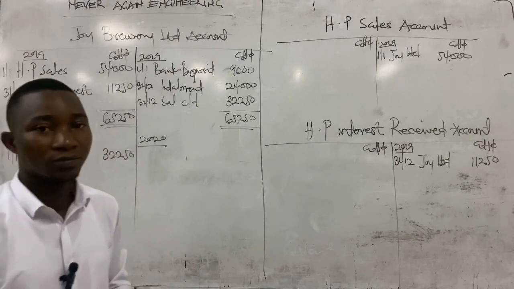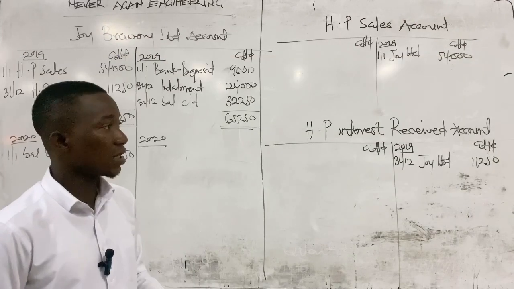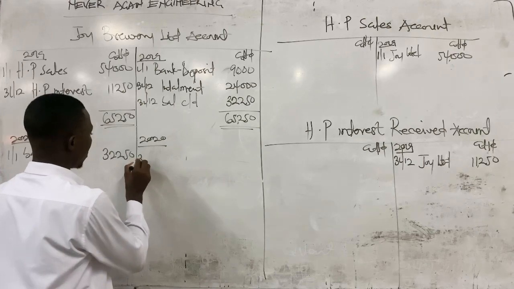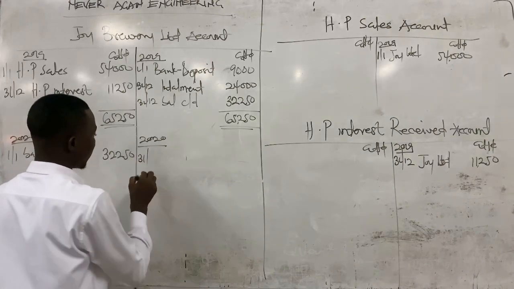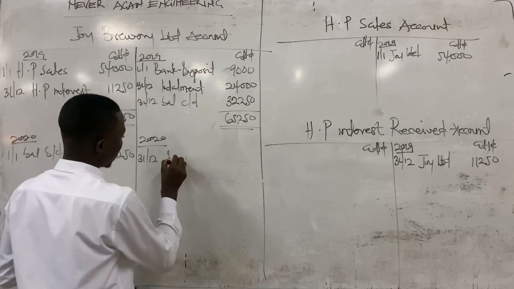Is this clear? Good. And in the year 2020, there was another annual installment of an amount of 24,000 Ghana cedis. So the installment is on 31st of December, and this is another installment.